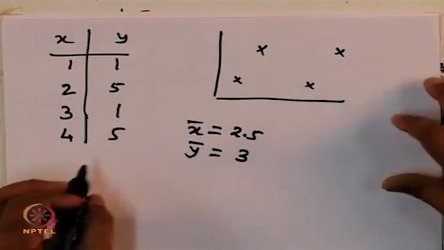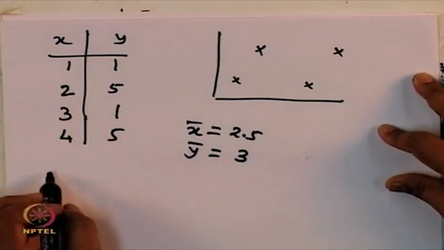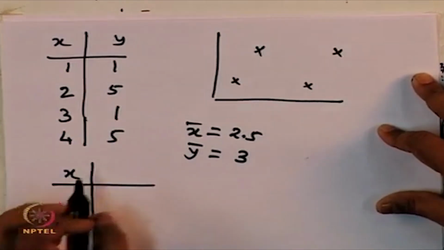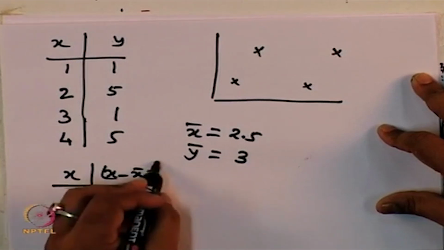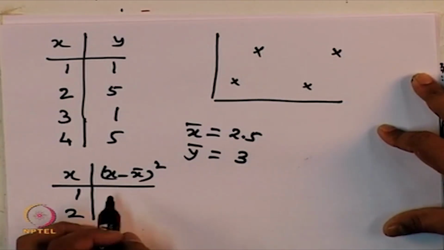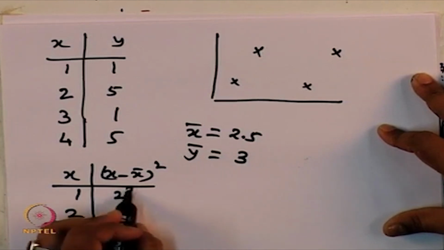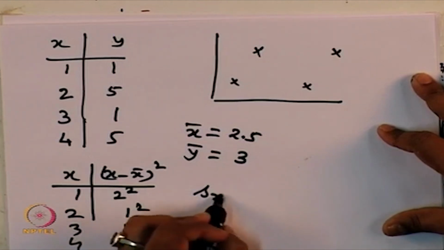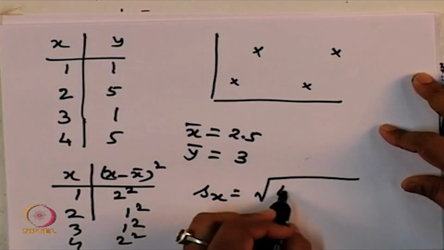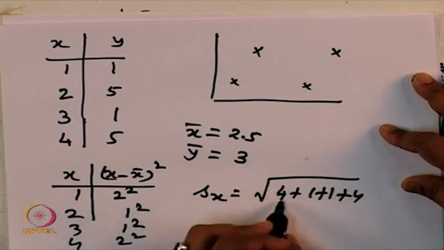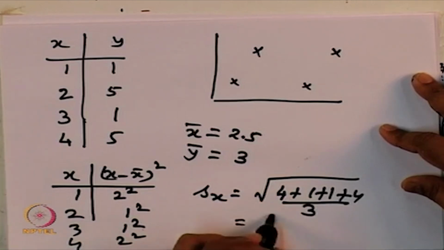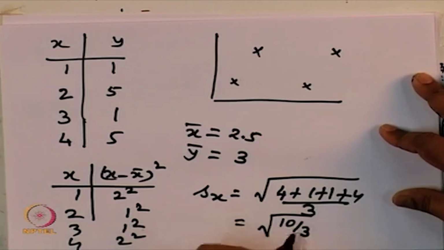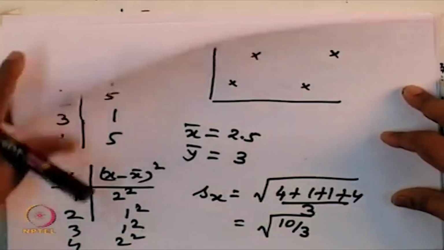Okay. So, let us find out the standard deviation Sx. The values of (x minus x bar) whole square are 2 square, 1 square, 1 square, 2 square. So, Sx should be the root of (4 plus 1 plus 1 plus 4) by (n minus 1), which is 3, equal to the root of 10 by 3. Okay.